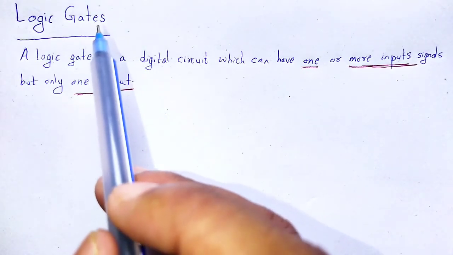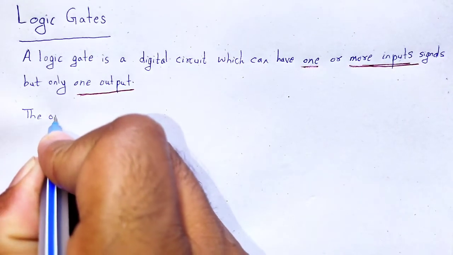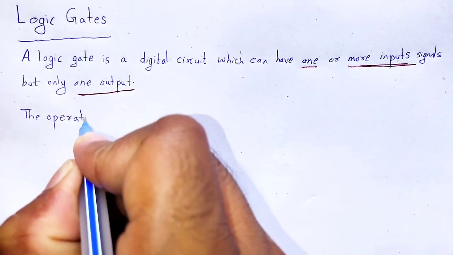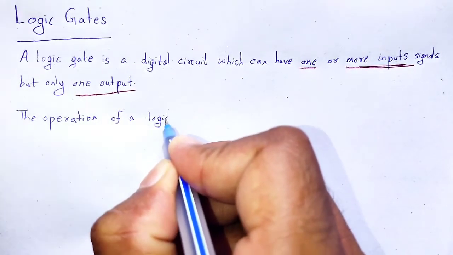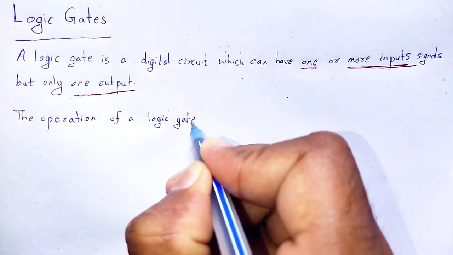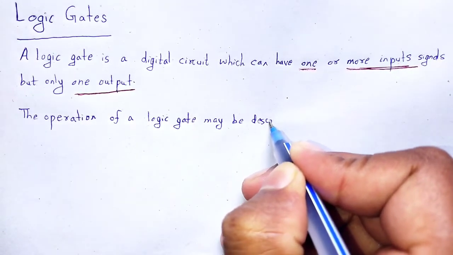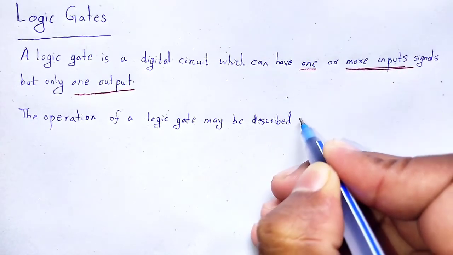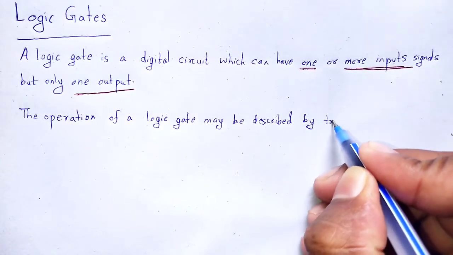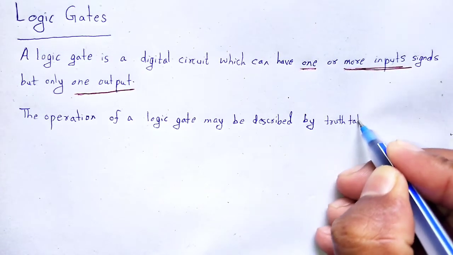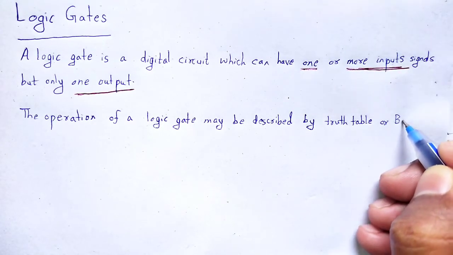Again, the operation of a logic gate may be described by the truth table or using Boolean algebra.